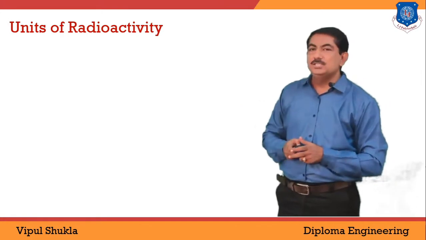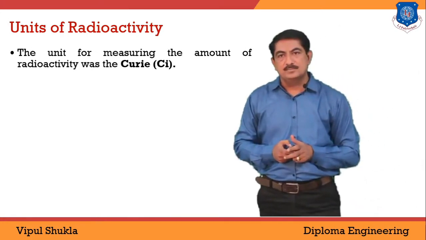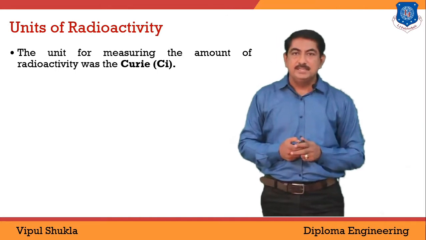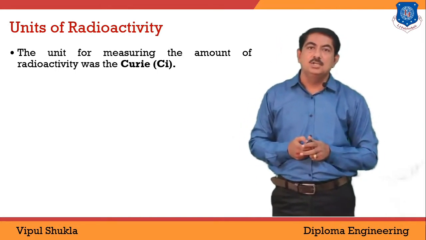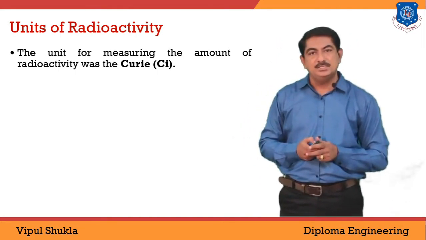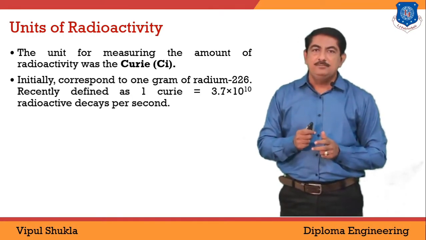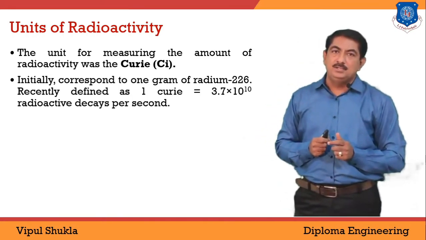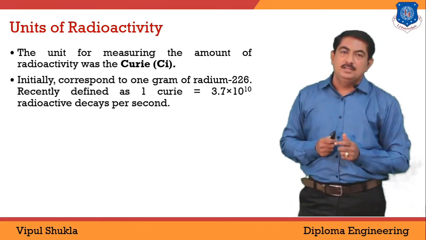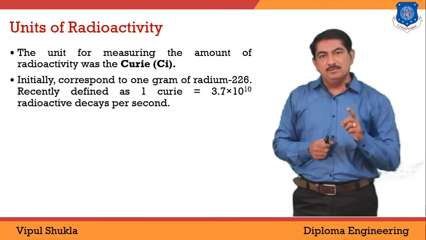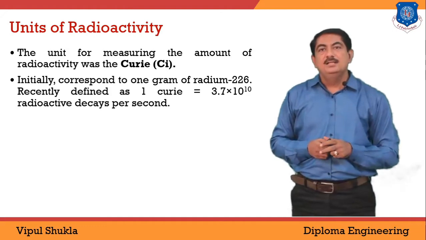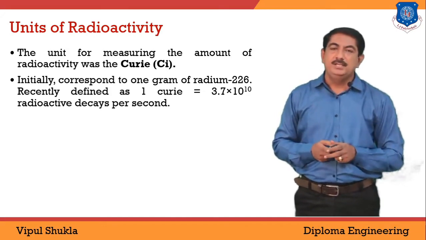What are the units of radioactivity? The unit for measuring the amount of radioactivity was the Curie. It is denoted by Ci. If 3.7 into 10 raised to the power 10 disintegrations are made in 1 second, we can say the activity of the atom is 1 Curie.